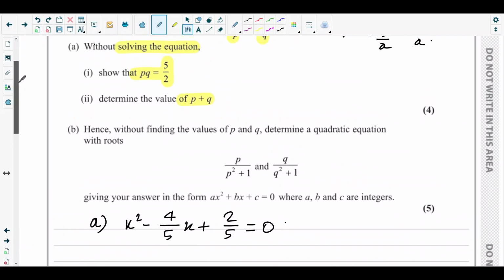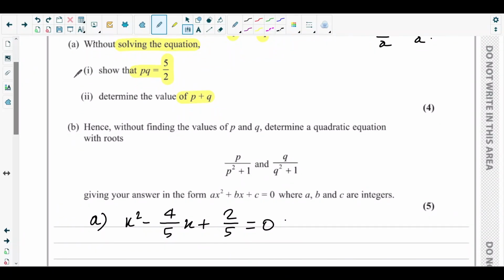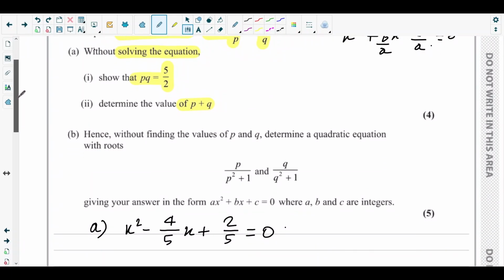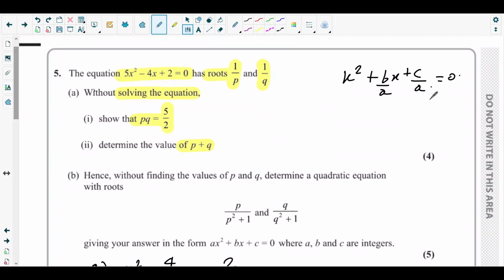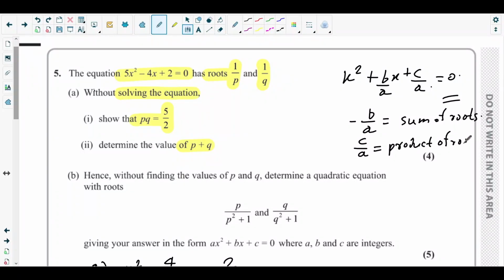We know that for a quadratic in the form x squared plus b over a x plus c over a equals 0, the negative of b over a is the sum of roots, and c over a is the product of roots.